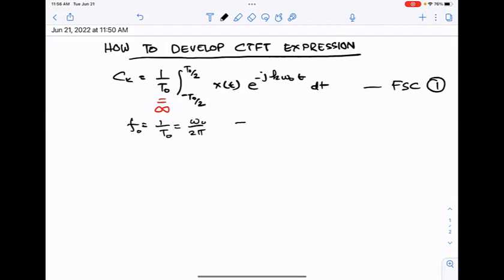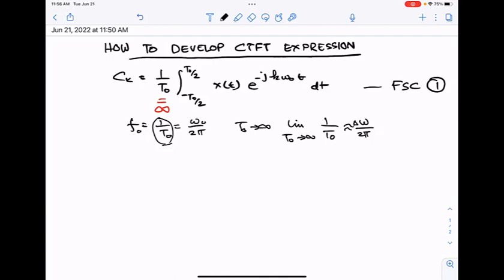As T0 goes to infinity, what we have is something like this: the limit as T0 goes to infinity of 1 over T0, this term. We can write this in infinitesimals as delta omega over 2 pi. I tend to call that w because it looks like w.